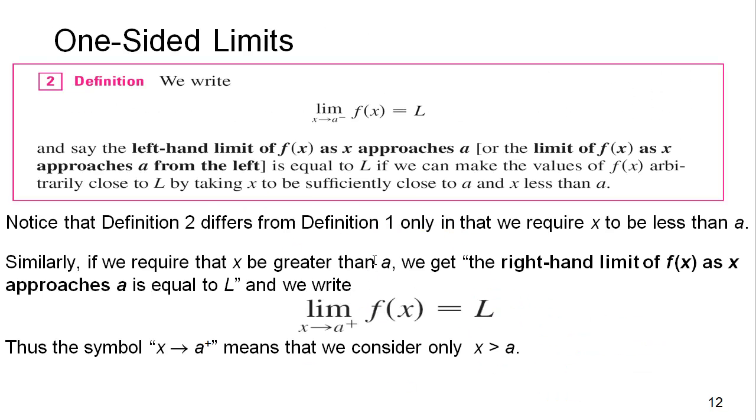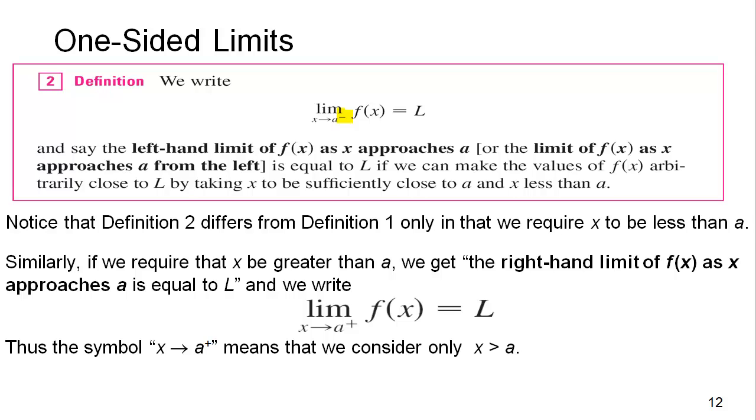Okay, one-sided limits. Here is the definition of a one-sided limit. And pay close attention to it because it's really easy to miss. Right here, can you see the little minus sign above the a? That means the limit as x approaches a from the negative side, right? From smaller, from the left side.